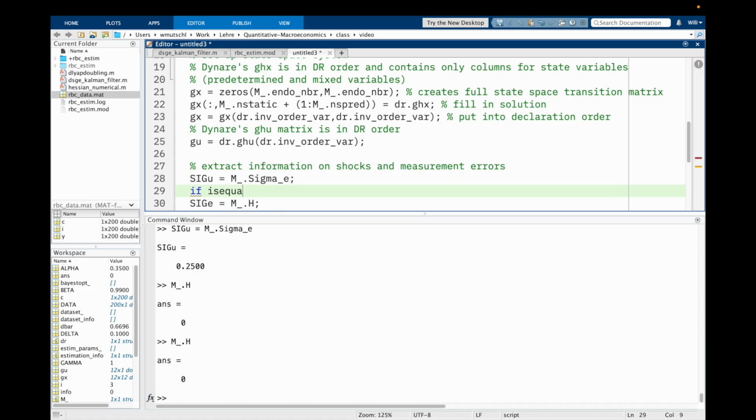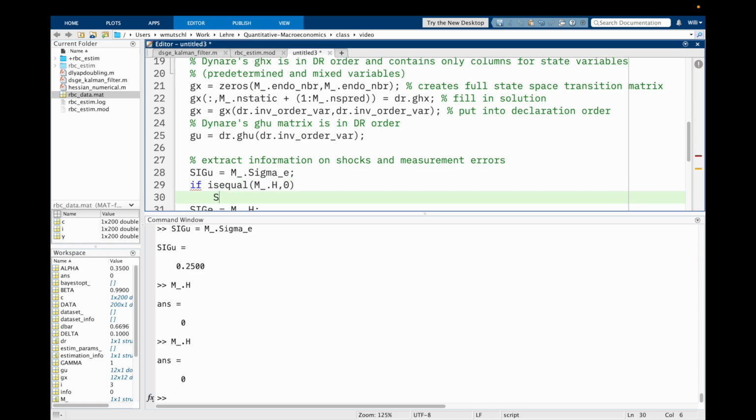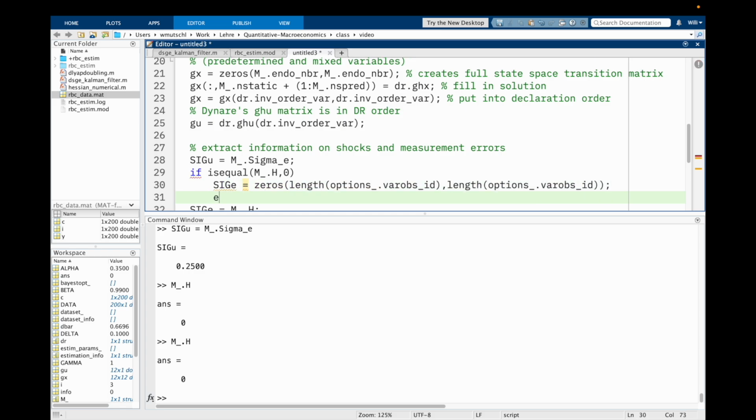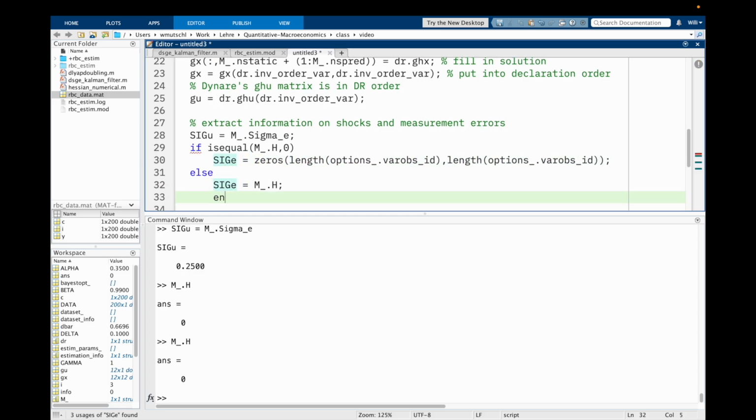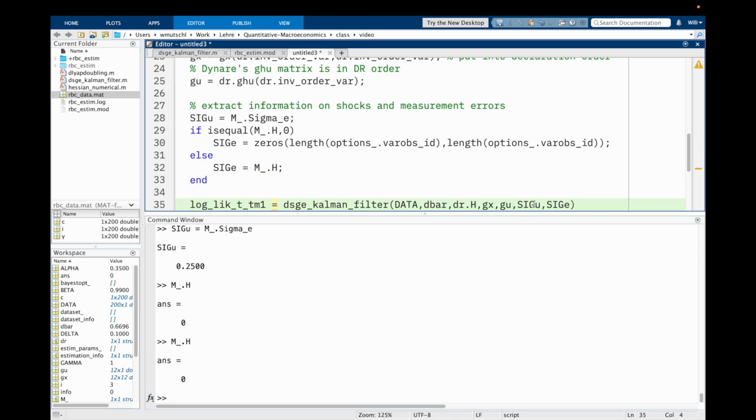If it is equal to 0, let me create a matrix saying there are no measurement errors, but let me have the correct dimensions here. That will be the number of observables that I have, the length of my observable vector. Else, this should be equal to M_.H. So I have SIGU.